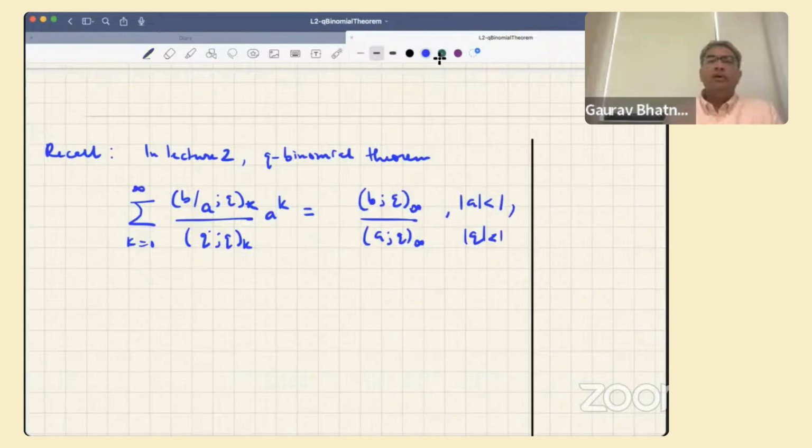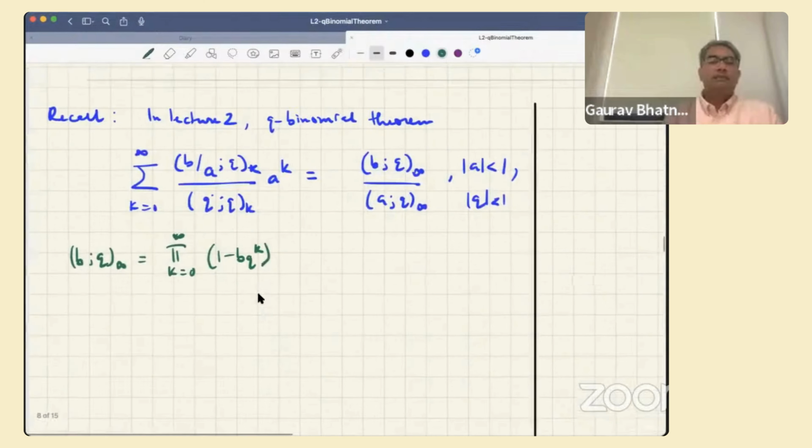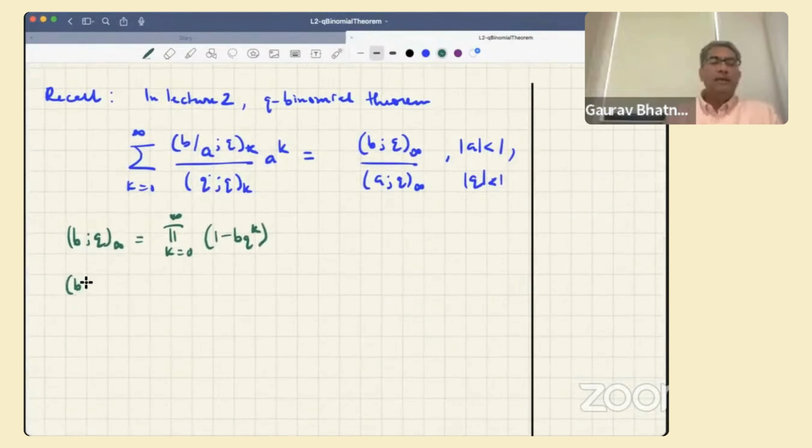And if you recall, this (b;q) infinity is the product as k goes from 0 to infinity of 1 minus bq to the k. We had (b;q)_k, which was the product of 1 minus bq to the j, with j going from 0 to k minus 1.